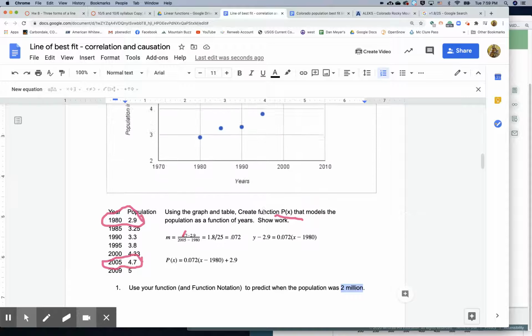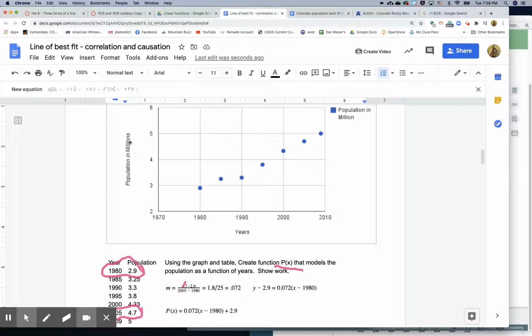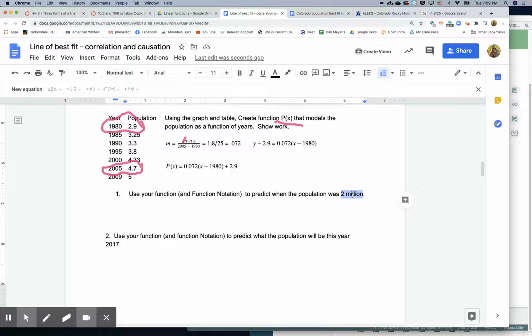So if I look at my units, right, on my y-axis I have millions of people, and on my x-axis I have years. So this matches up with my y-axis. So I'm going to insert another equation, and I'm going to say that P of X equals 2.